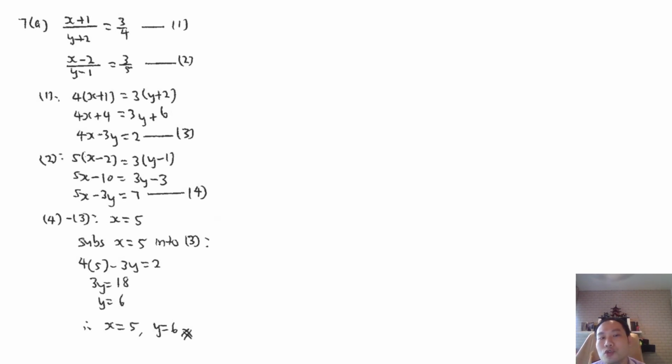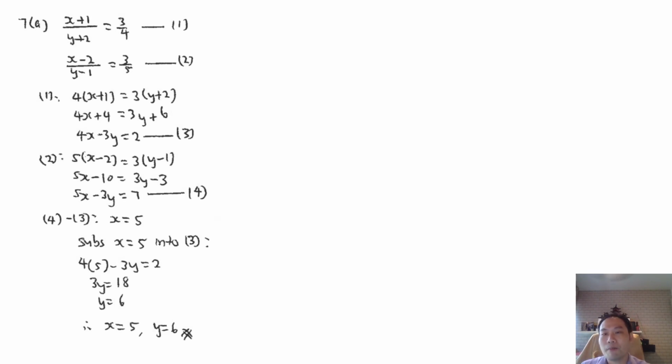So the first thing we're going to do is to take the algebraic fraction, rearrange it into a linear form, where there is no fraction. So how do we do that? In this case we can employ a technique known as cross multiplication. That is, the denominator is multiplied across the equation.